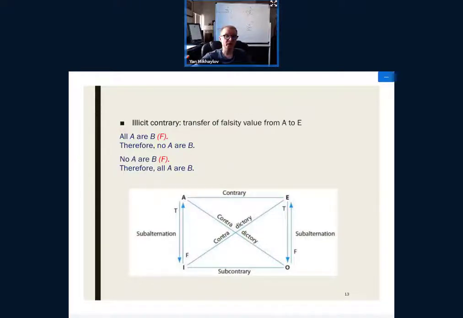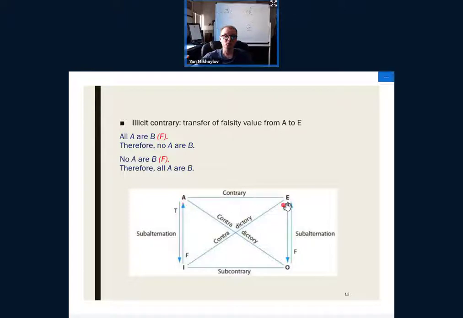So these are examples of illicit contrary. You are given "all A are B" is false, and you are told therefore "no A are B". You are checking their logic. You are checking whether they are correct, whether the rule puts them into a corner. The rule is they cannot both be true. They are told that this is false.